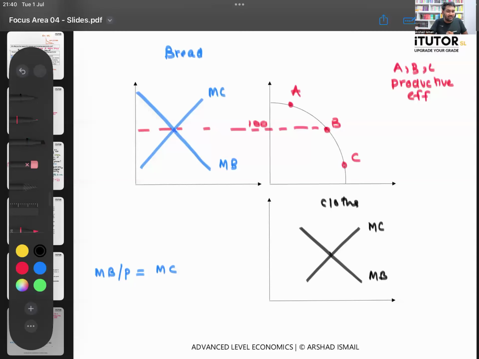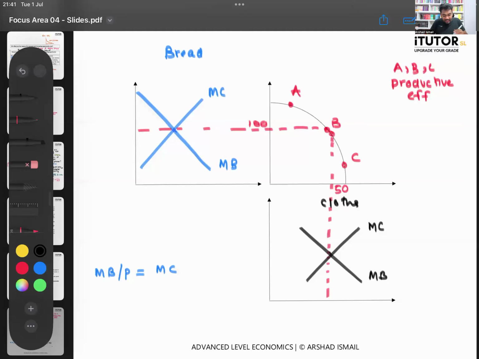Based on that, where is this equal? You can draw the line and you can see, let's say for clothes, you need 50 clothes. That's the allocatively efficient level of output for clothes. So the allocatively efficient level for bread is 100, for clothes is 50.